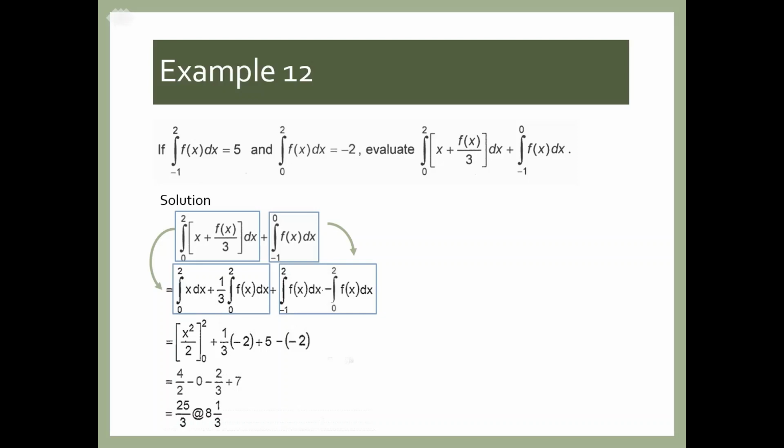Solving the integral of x with respect to x over the interval 0, 2, it is equal to 4 over 2, which is 2. Then substitute the answer for the given integral accordingly and simplify. You will obtain 25 over 3 as the final answer.